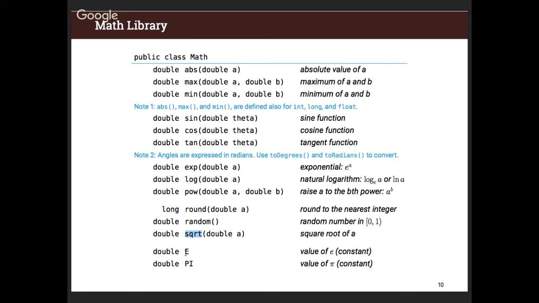Square root we've seen, and there are two constants: Math.E, big E, which is the natural logarithm number, 2.718, and pi. That's really useful sometimes, especially when you need to convert from radians to degrees. We always write the same little formula that multiplies by 2 pi and divides by 360.